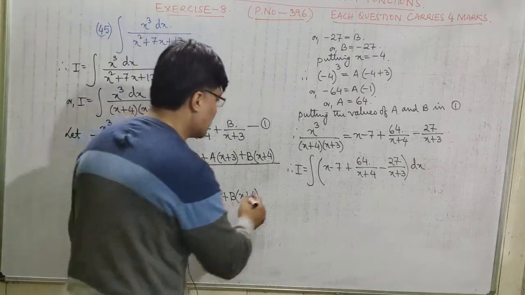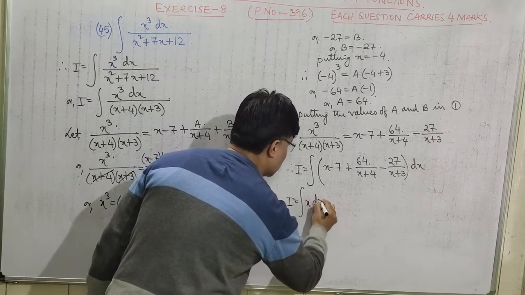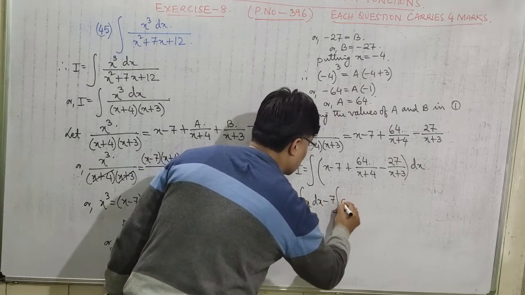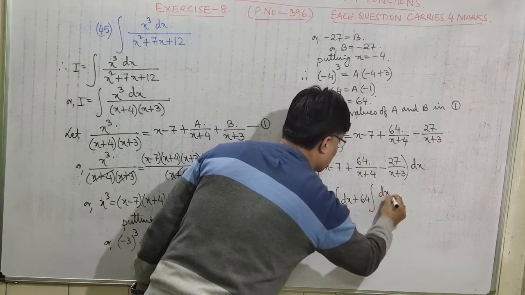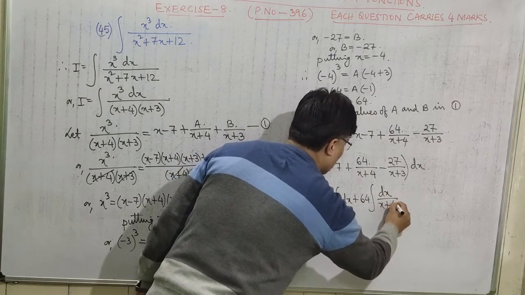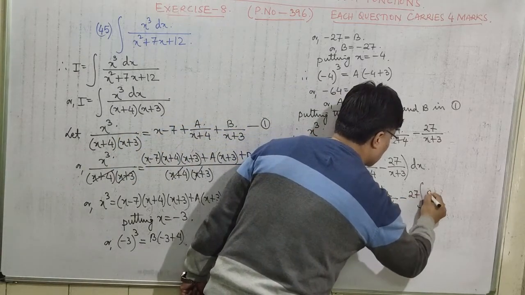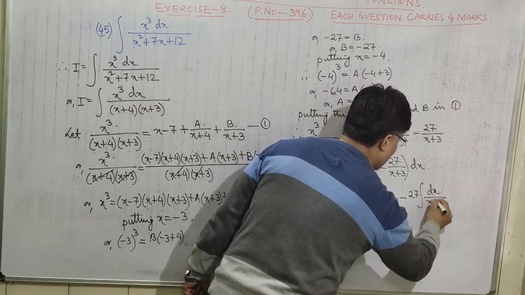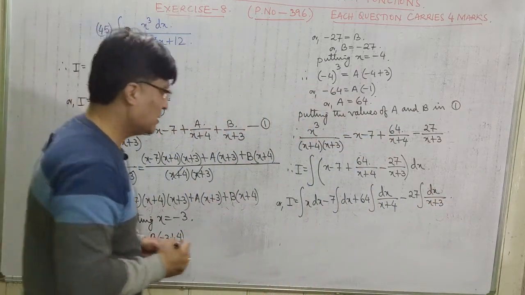So let us separate the terms now. I is equal to integral x dx minus 7 integral dx plus 64 integral dx upon x plus 4, then minus 27 integral dx divided by x plus 3, right?